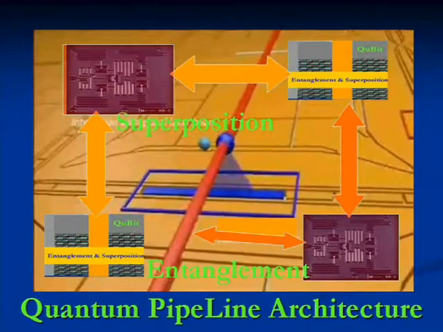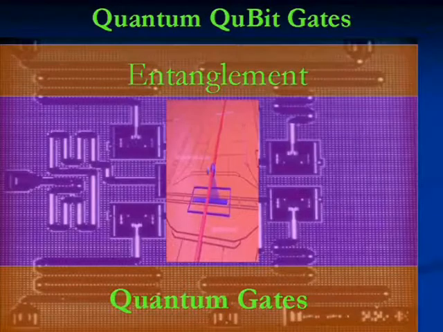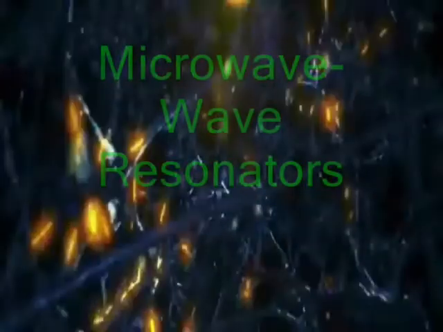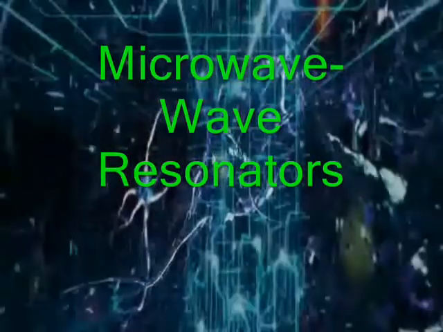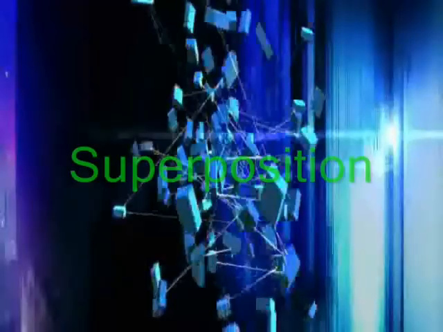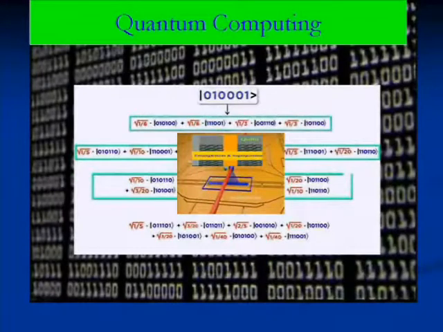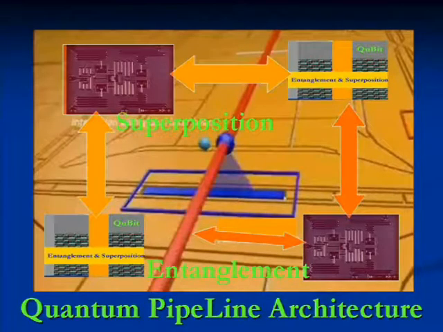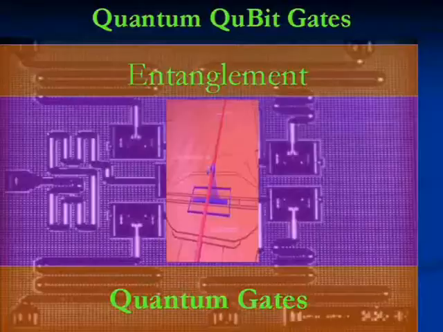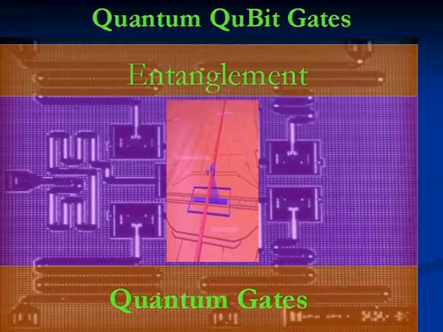In superposition mode, a qubit can be more than one thing at a time through quantum mechanics, a principle called superposition. Thus, given quantum computers, their speed and parallelism enable them to work on millions of computations at a time. So when qubits are linked with other qubits, they are in an entanglement mode.